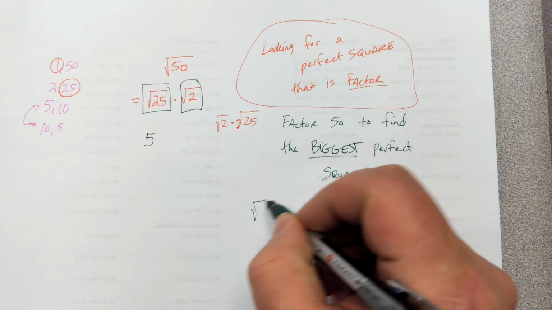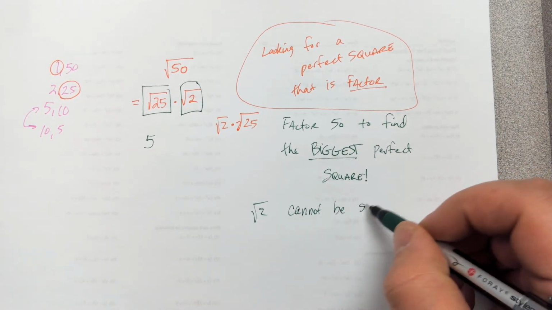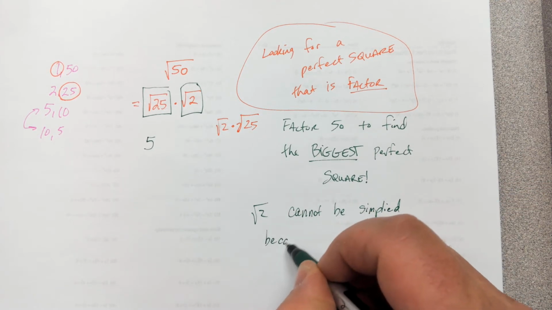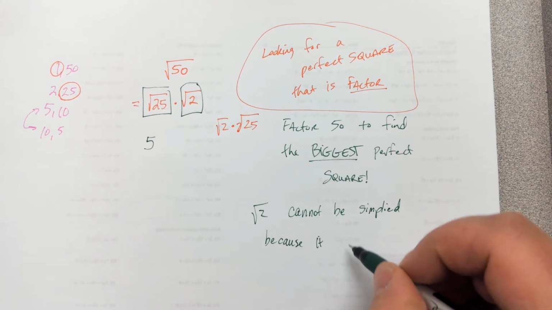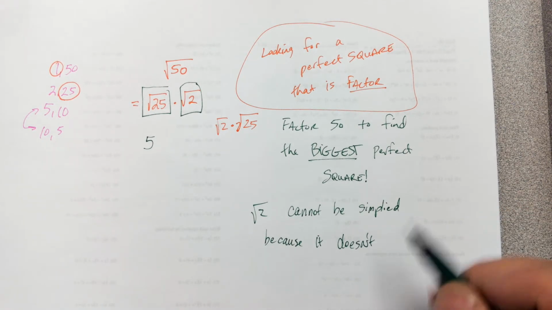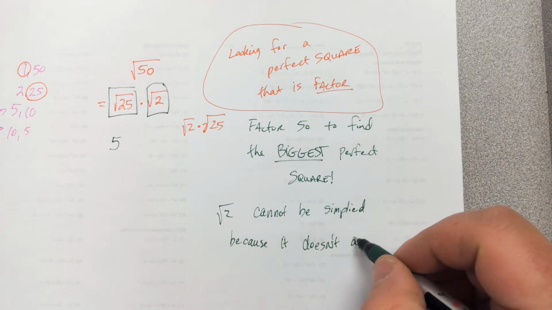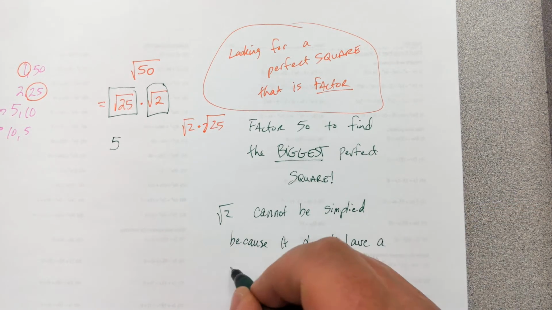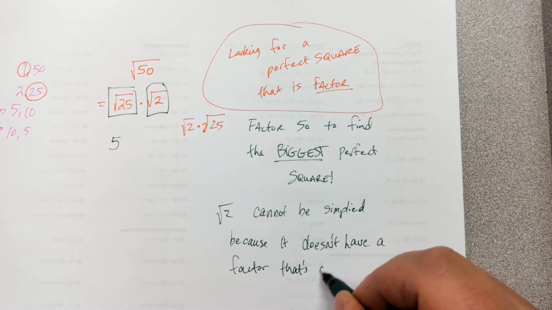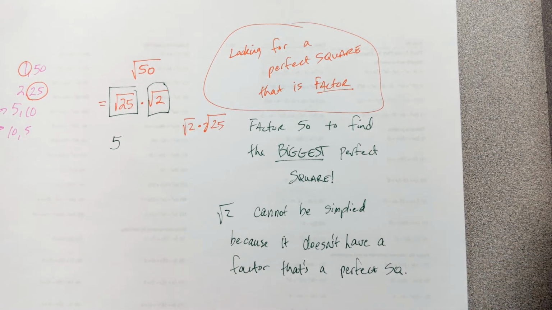So square root of 2 cannot be simplified because it doesn't have a factor that's a perfect square. Sorry, I was thinking one thing while writing another. Is SQ okay for square?